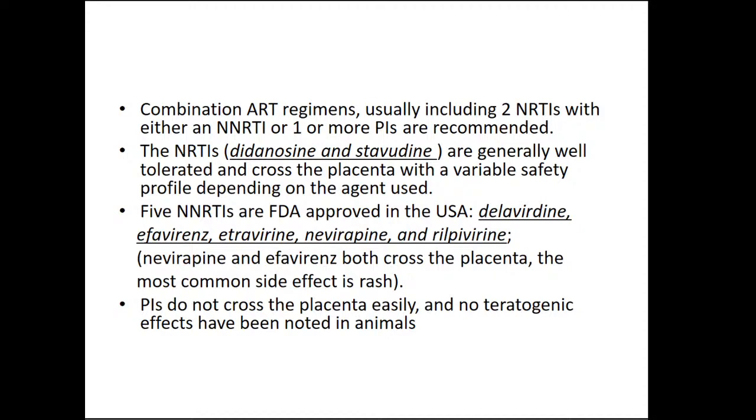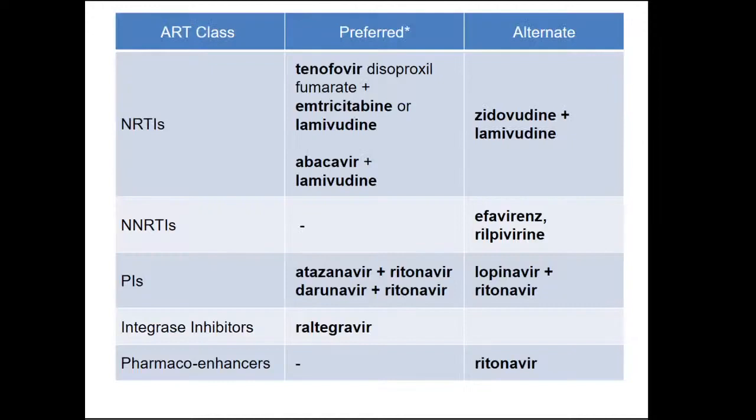Nevirapine and efavirenz can cross the placenta, they may have teratogenic effect on the newborn, so they may have some adverse effects, and efavirenz is not usually used in our country for HIV treatment. Protease inhibitors do not cross the placenta easily, and no teratogenic effect is reported on animals or animal models.